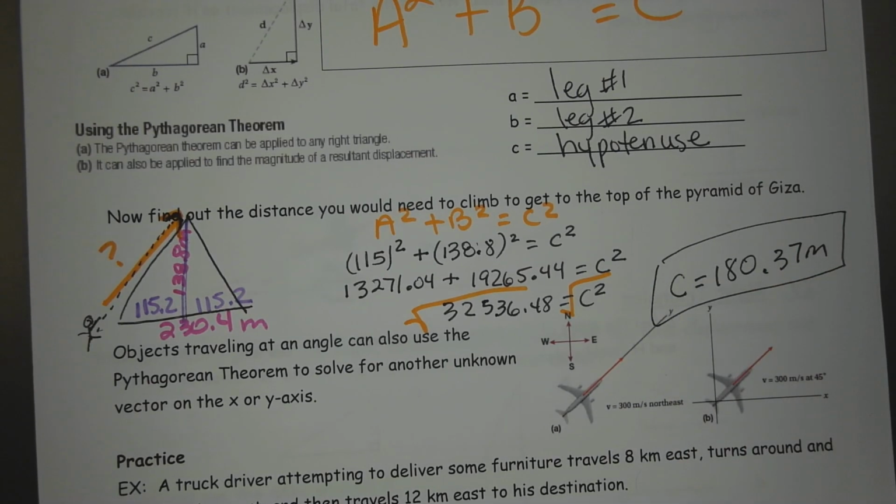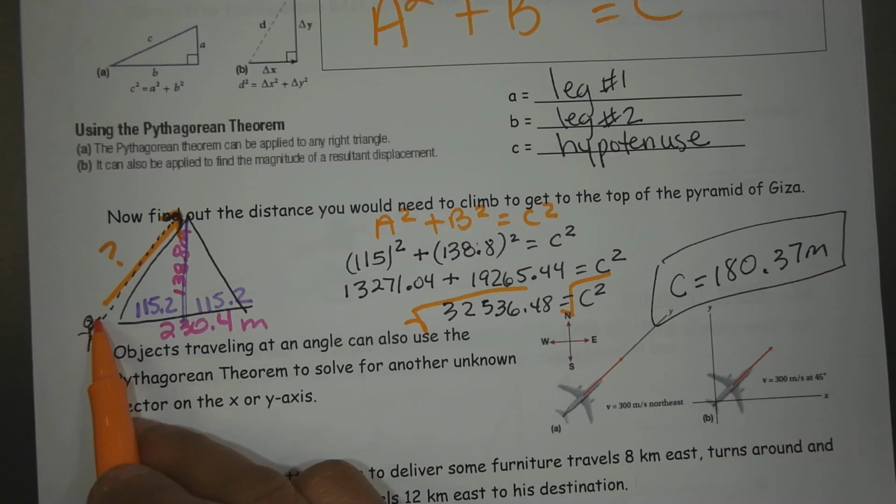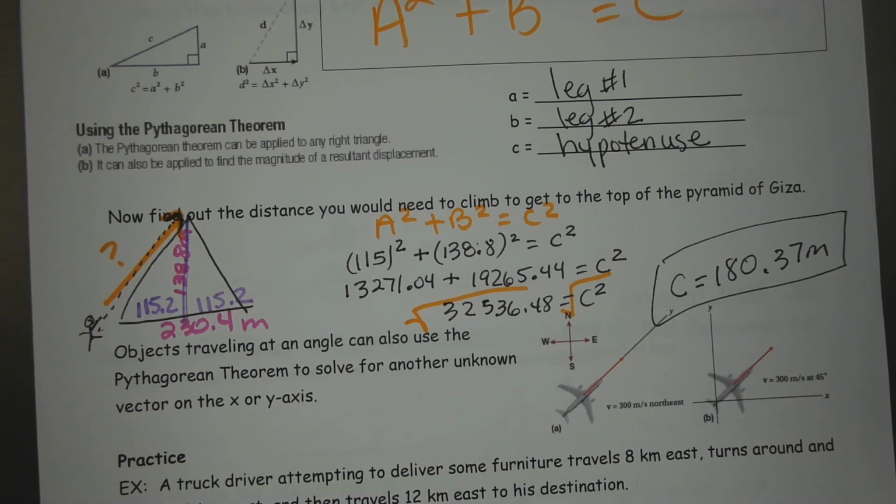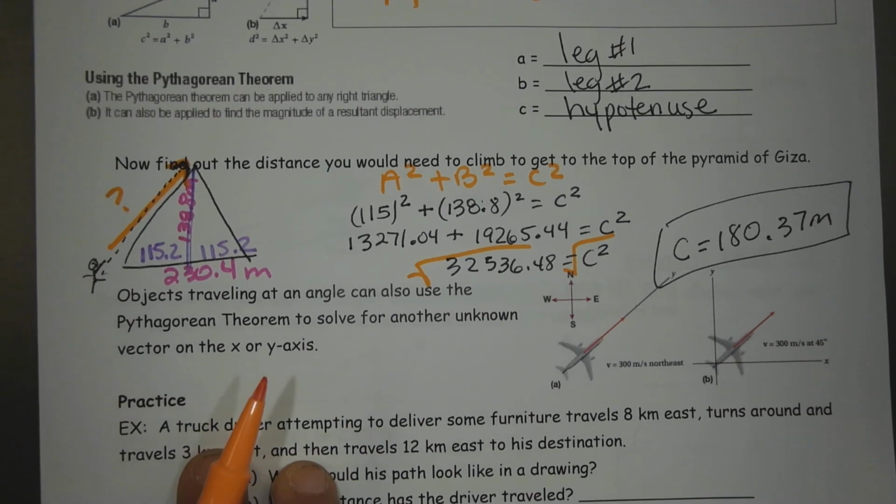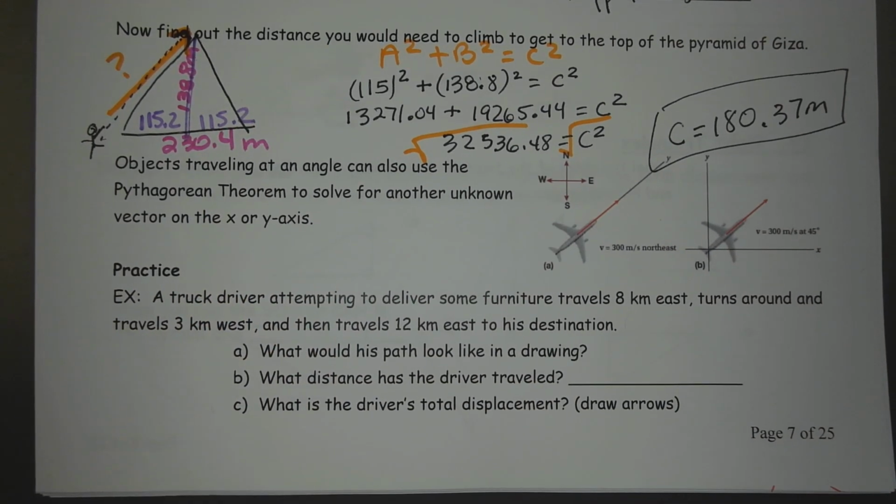There you go. 180.37 meters is how far the distance is all the way up. This must be a massive, massive pyramid. All righty. So just pulling in that Pythagorean that you used prior is what we're doing here.